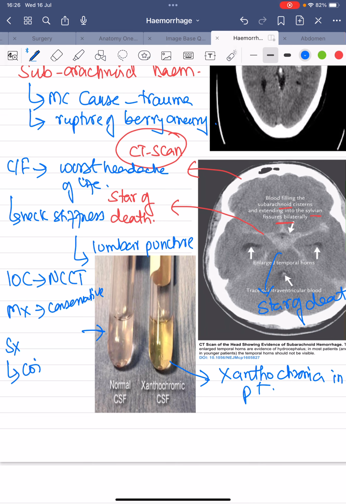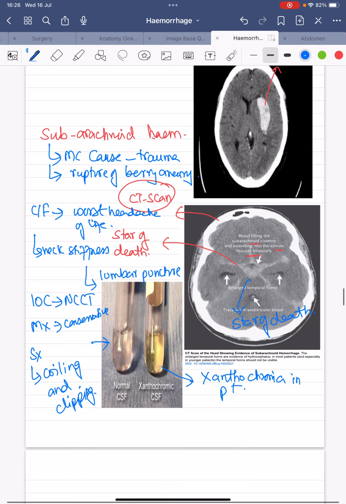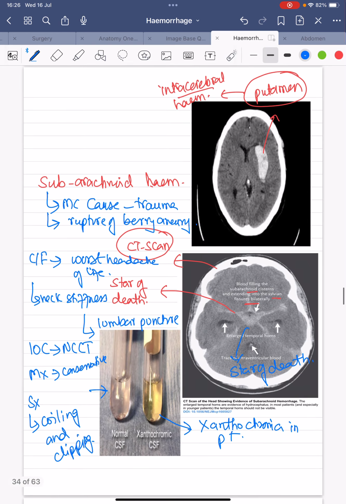One more thing, please remember, in subarachnoid hemorrhage, to prevent vasospasm, drug of choice is nimodipine. This is a very important MCQ which you must remember.